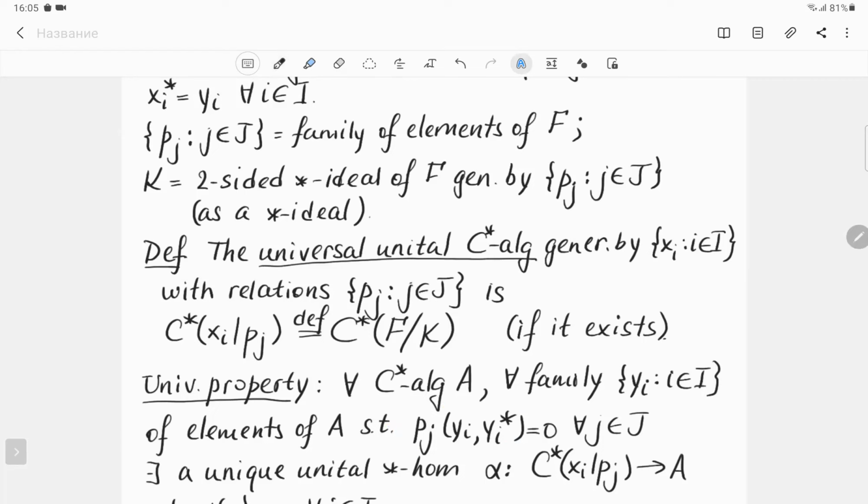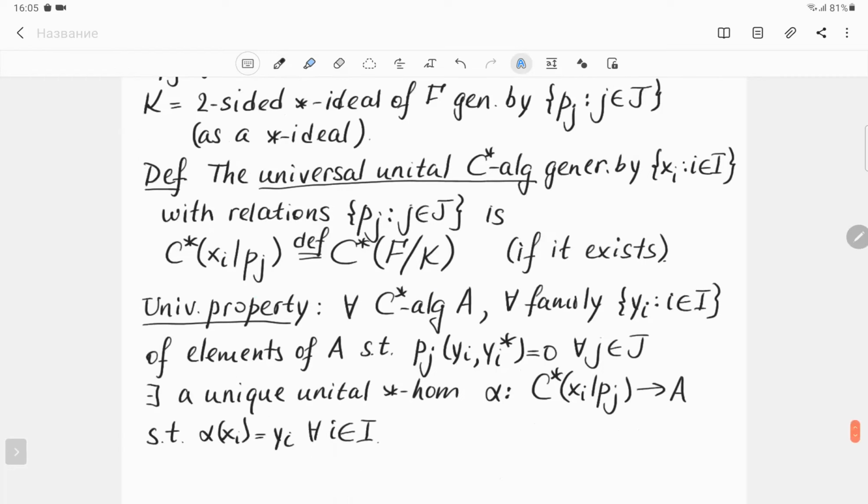So we get a star homomorphism from F modulo K to A. And then we use the definition of the C-star envelope and extend this homomorphism to the whole C-star algebra. And we get this universal property.